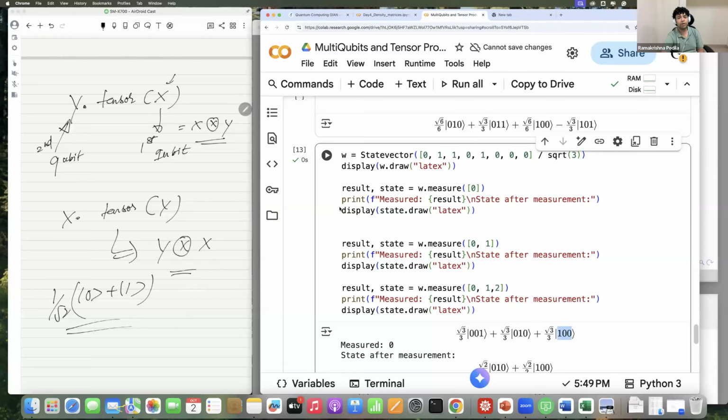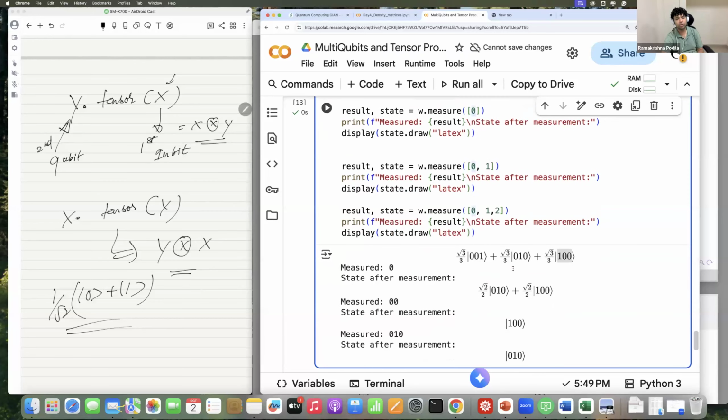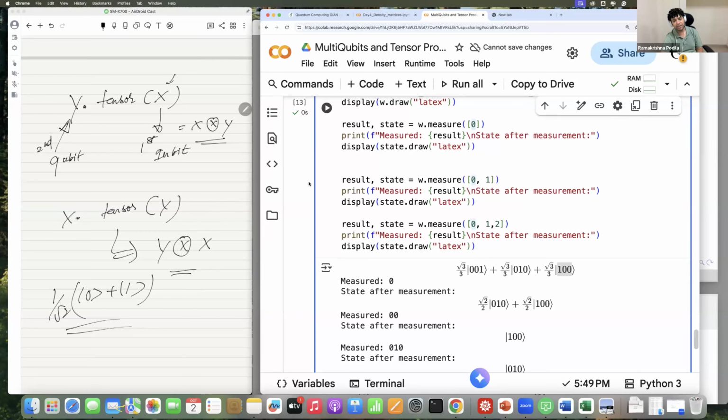And then I am going to measure only on the 0th qubit. Or I could measure the 0th qubit and the first qubit. Or I can measure all 3 qubits, right? I can pick and choose what to measure. And after I measure, the state will be different based on what I measured. For example, if I measured the 0th qubit to be in this, then the state is going to change to this.